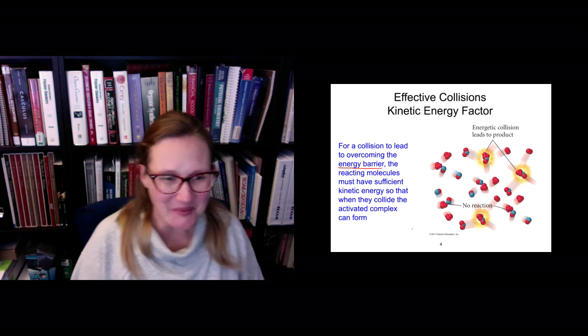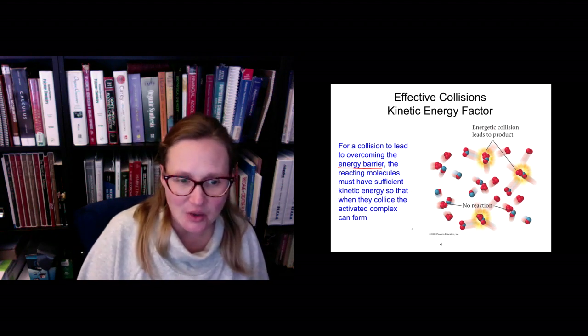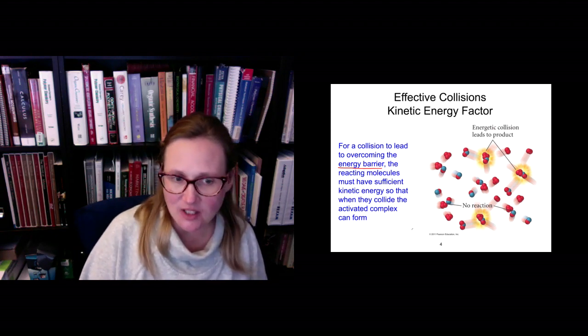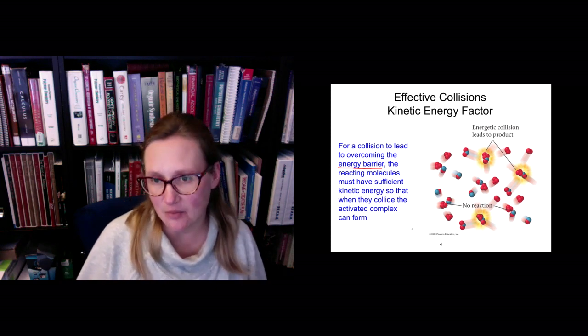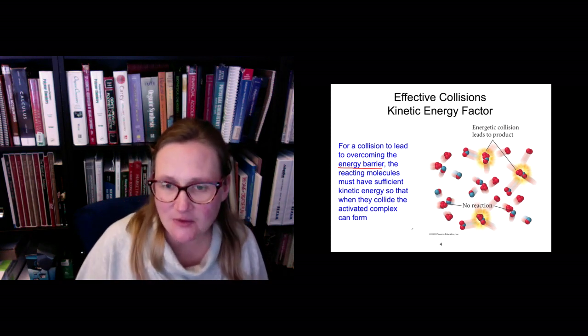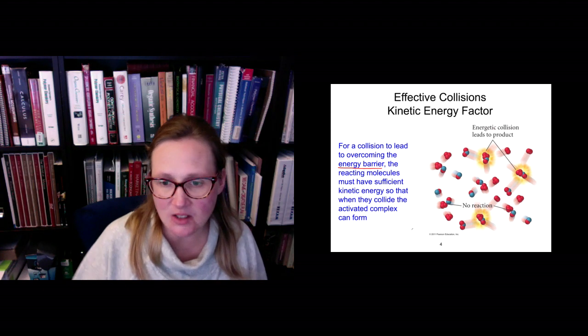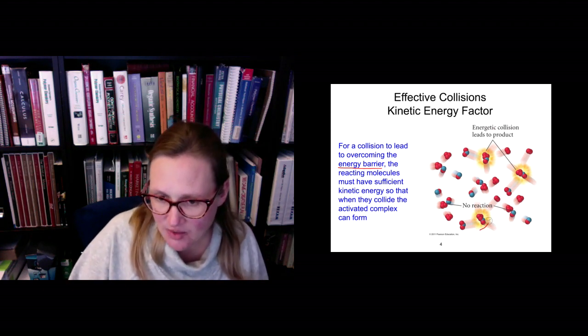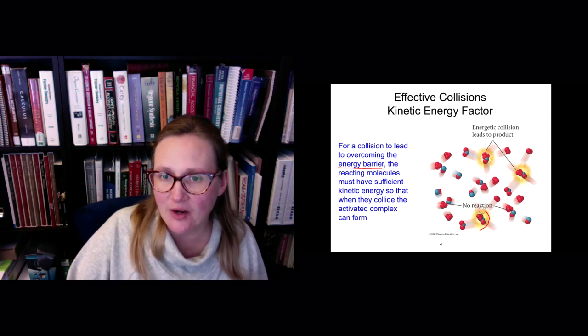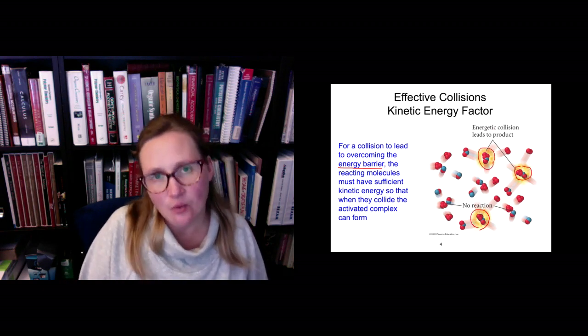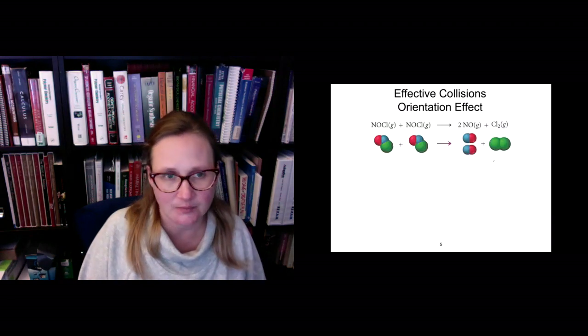They must have enough kinetic energy so that we can form the transition state, or the activated complex. From this diagram we can see that there are lots of collisions happening, but the ones in yellow are the ones leading to product. Those have both the right amount of energy for collision and the right orientation.